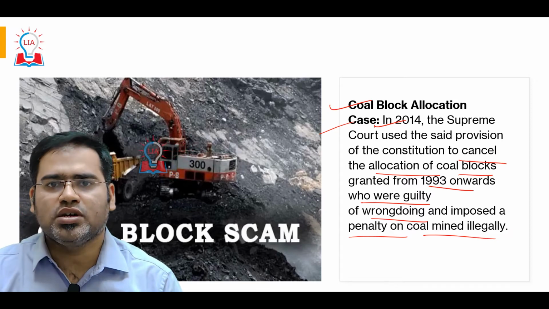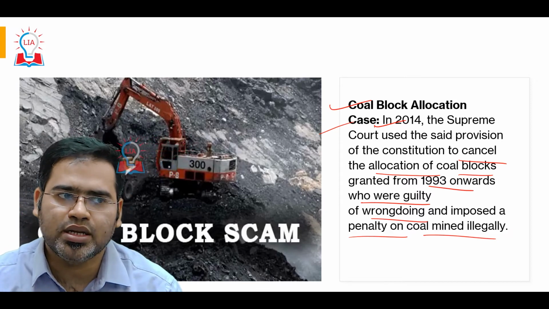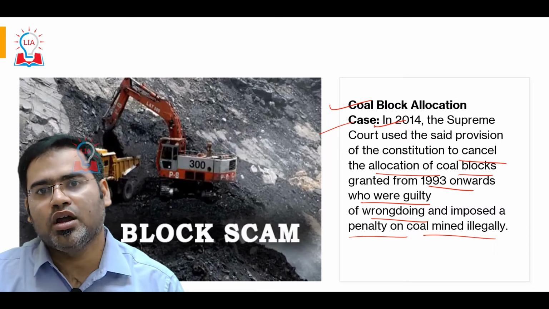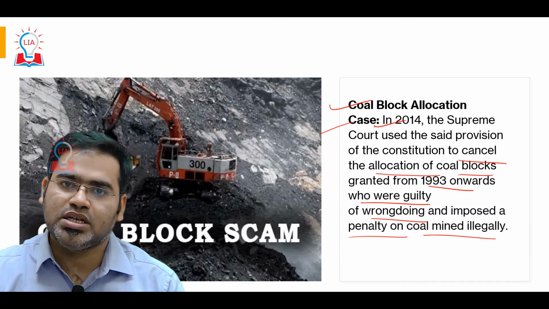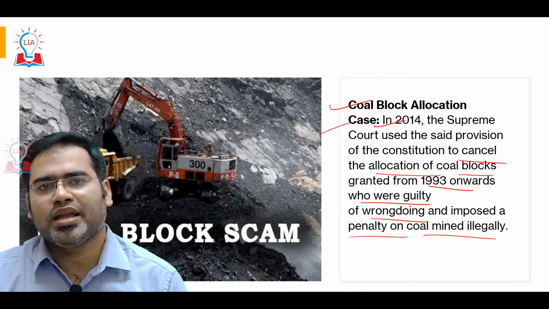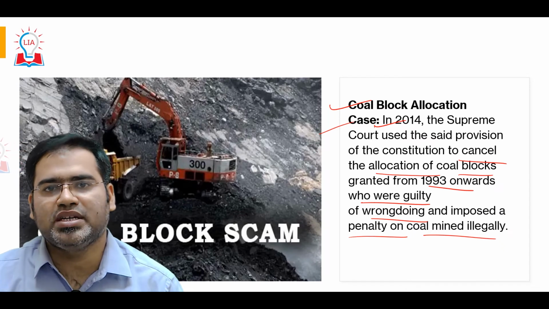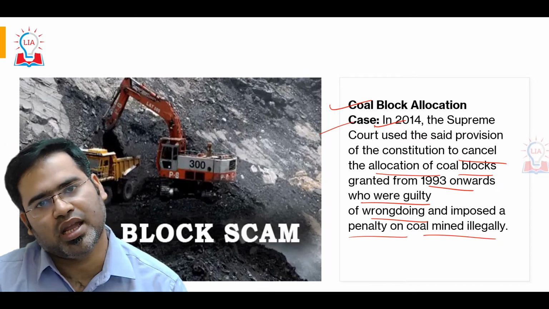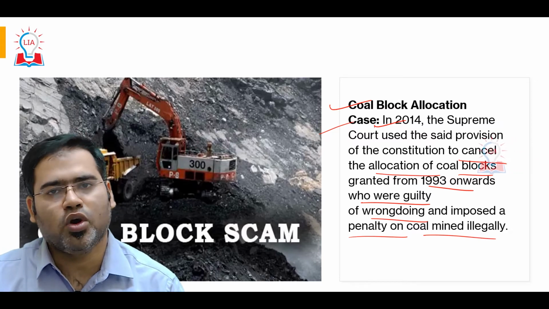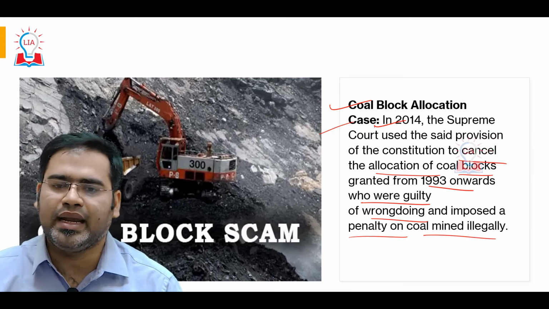Even though it may be possible that a few received the coal block allocation through fair means, they also have been punished here, just so that complete justice is done, so that natural resources are not exploited by private persons for private gain, not for public purpose. So the Supreme Court completely cancelled all the coal blocks since 1993.